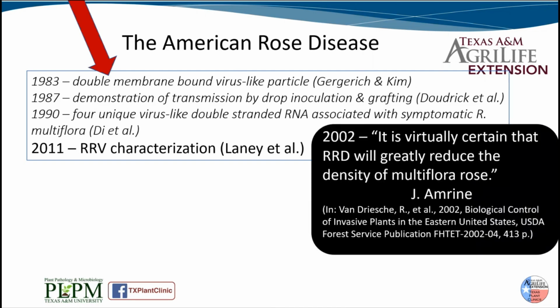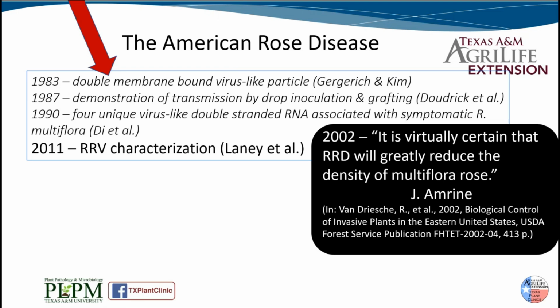To make matters interesting, and I get a lot of questions on the extension side, is, gee, who induced this spread? Dr. Jim Amrine, who Dr. Mark Windham would call a mythologist, is an acarologist, a mite person, basically said, or at least was quoted on this, that he was virtually certain that rose rosette will greatly reduce the density of multiflora rose.